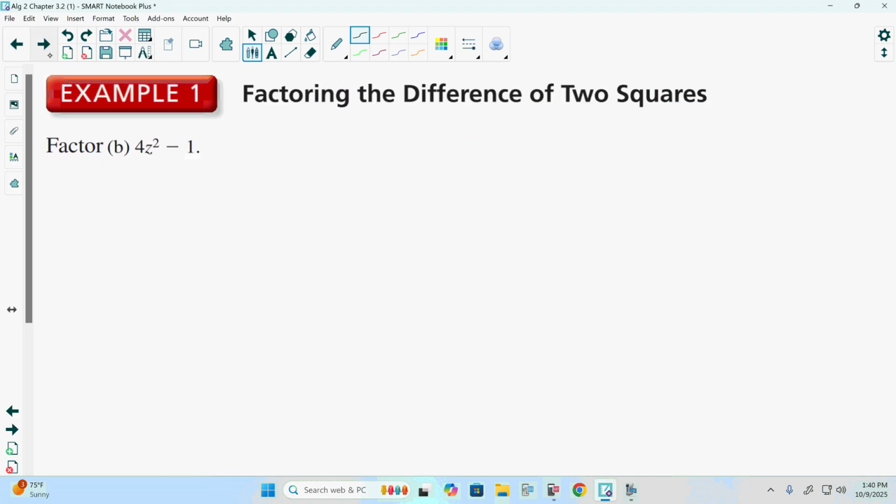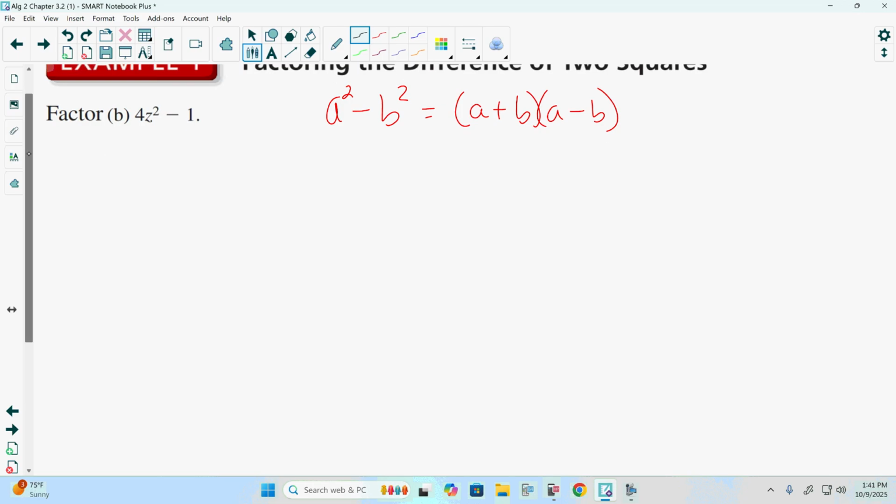Our next one, 4z squared minus 1. So we can get it in this form of a squared minus b squared. We're going to rewrite 4z squared as a term being squared, and we're going to rewrite 1 as a number being squared.